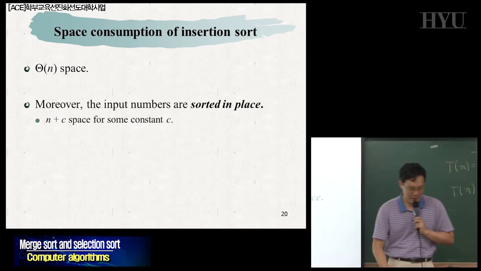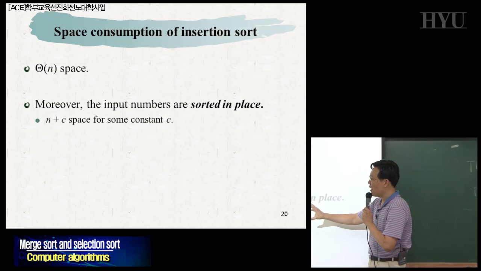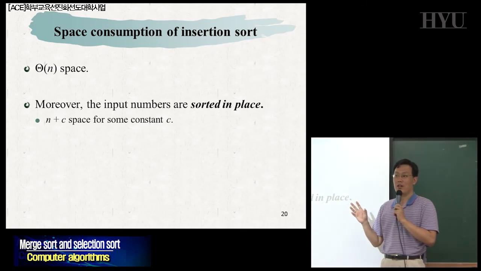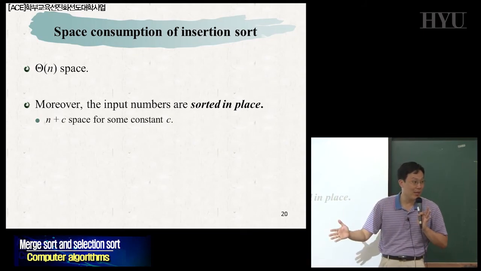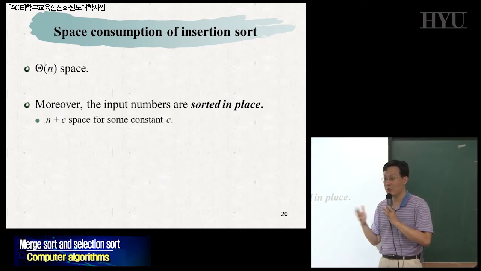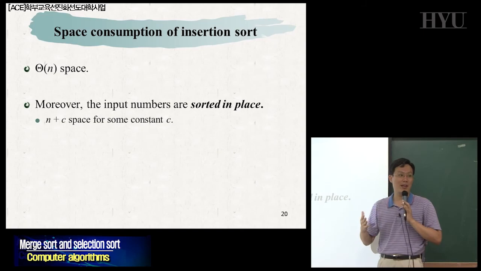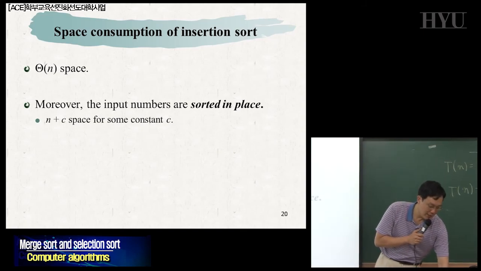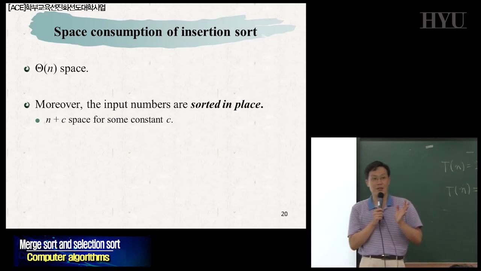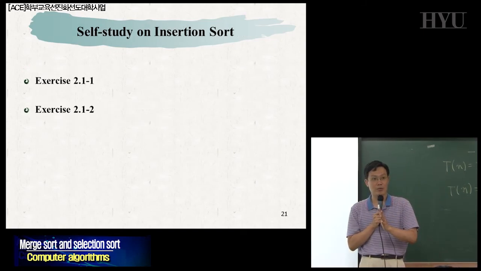If only a constant number of additional arrays is used, except the input array, it is called a stable sort. And we know that the insertion sort is stable. Okay? Then, is selection sort stable?